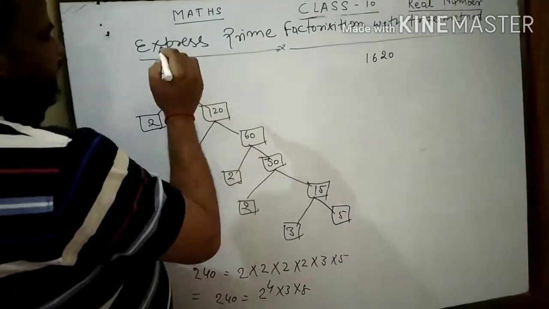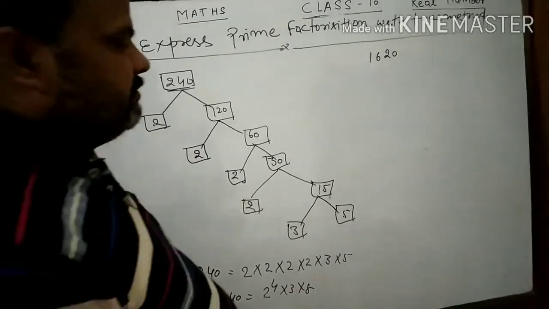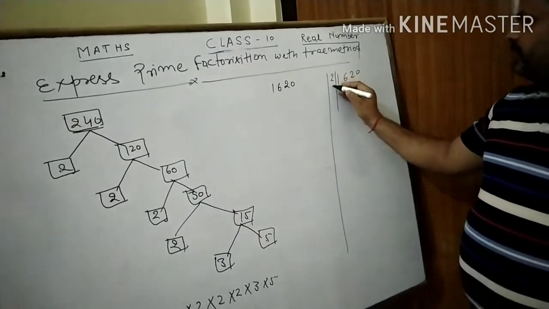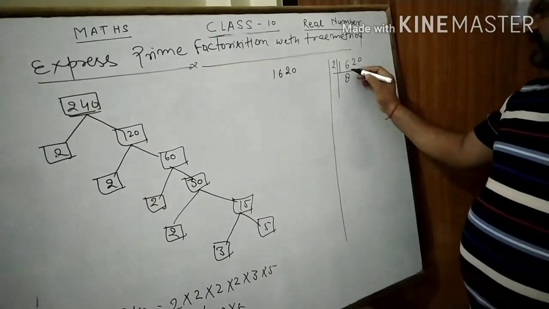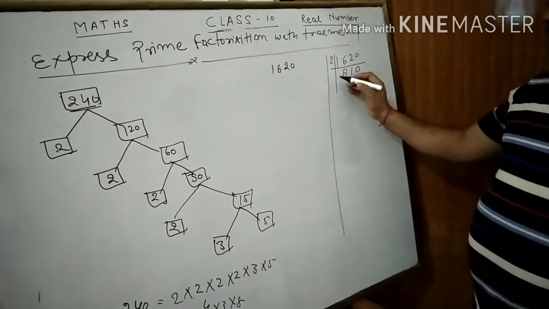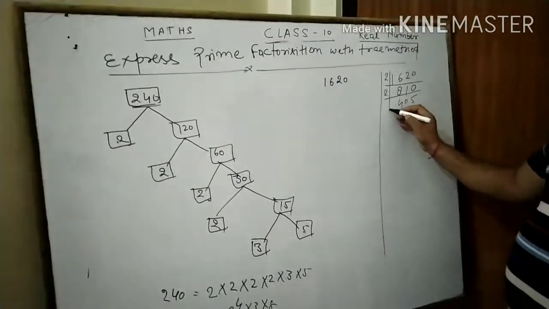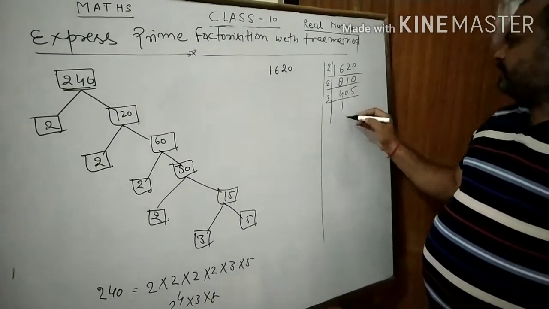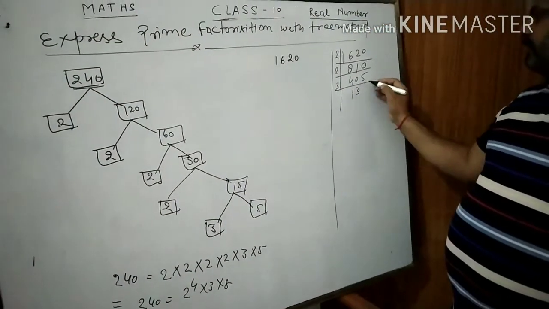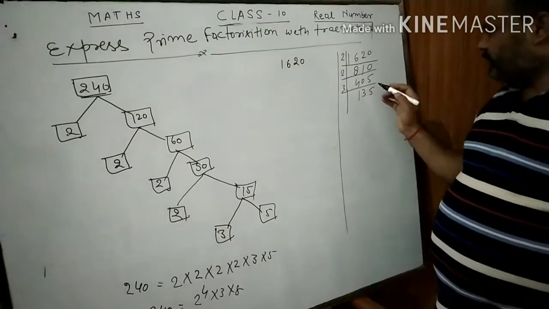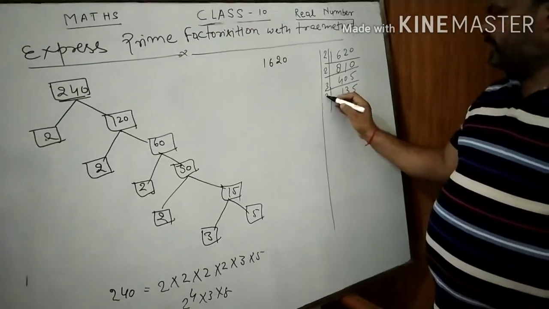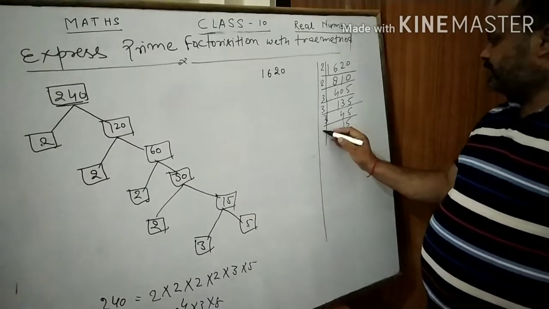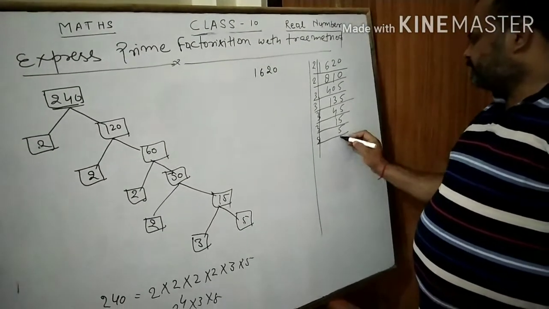First, on the rough sheet, 1620 is divided by 2 because the last digit is 0, giving 810, then 405. 405 is not divisible by 2 but is divisible by 3 because 4 plus 0 plus 5 is 9, giving 135, then it is also divided by 3, again by 3, and finally by 5.